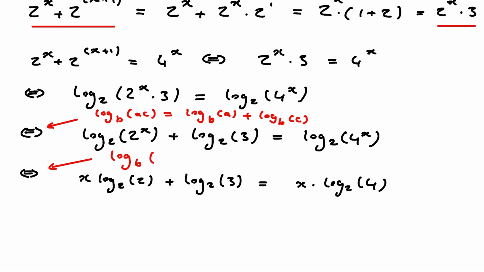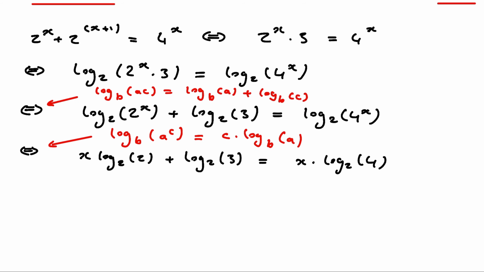Log to the base b of a to the power c is equal to c times log to the base b of a. It's my other log property. Finally though, log to the base 2 of 2 is just equal to 1. It's my absolute base case, and log to the base 2 of 4 is equal to 2. Right, so this guy is 2 to the 2, and this guy, of course, is just 2 to the 1.